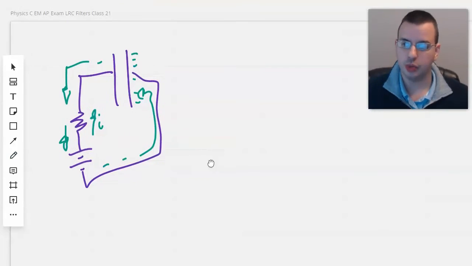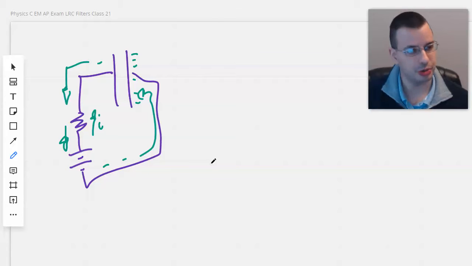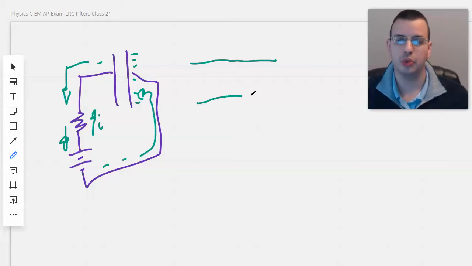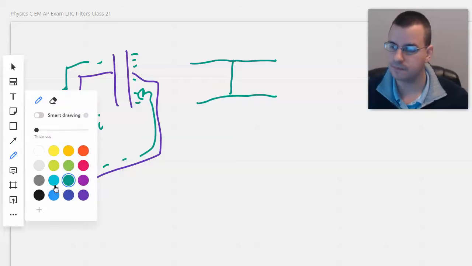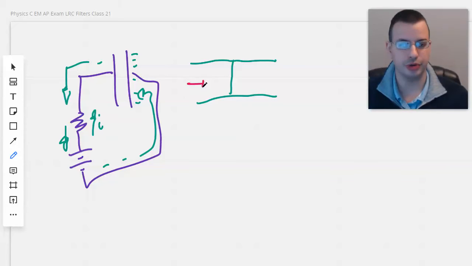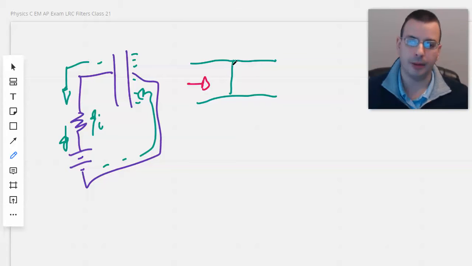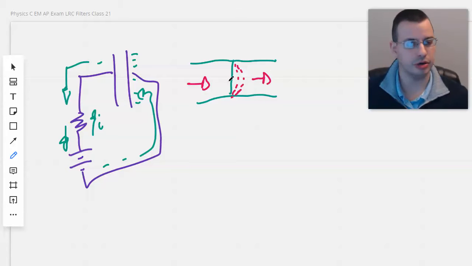We approached this from a hydraulic analogy, saying it's kind of like a diaphragm, where we have current going this way and a piece of rubber stretched across the pipe. The piece of rubber stretches, and initially it will push the water on the other side and continue the flow through.